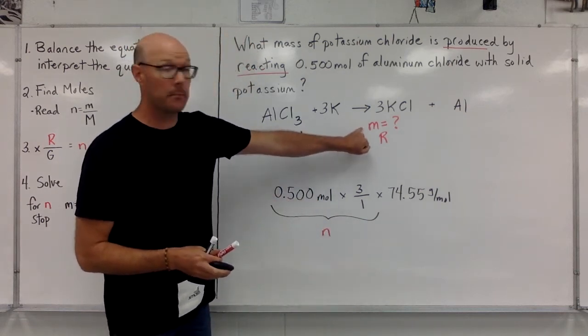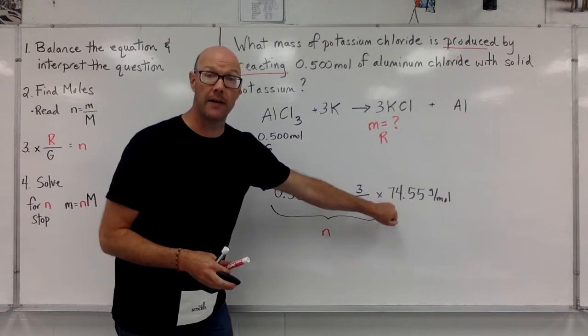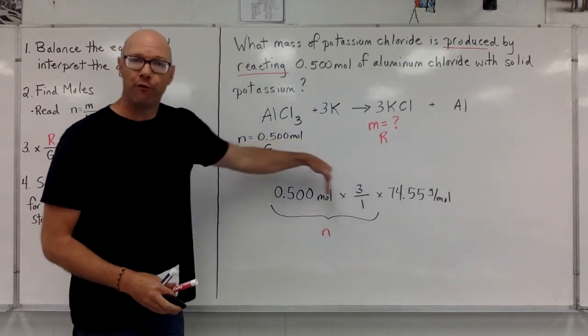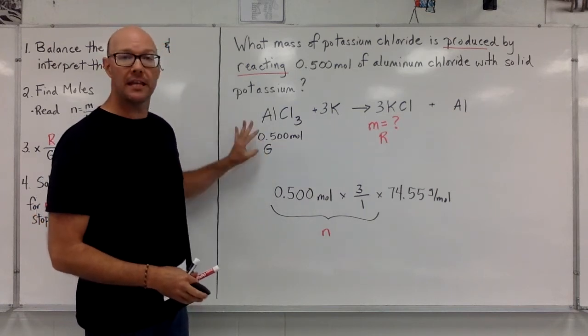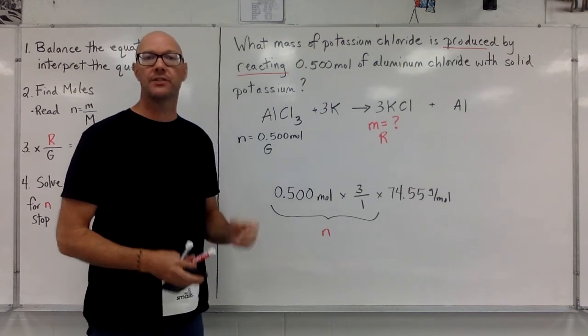Because we're looking for the mass of the KCl, we had to use that same molar mass. Any values that show up at the front before the R over G have to do with the given. After the R over G, everything about it is the required.